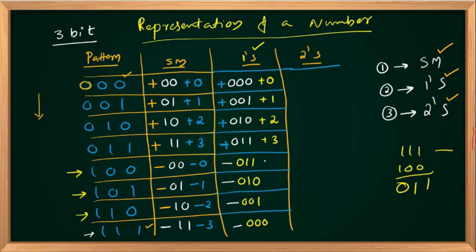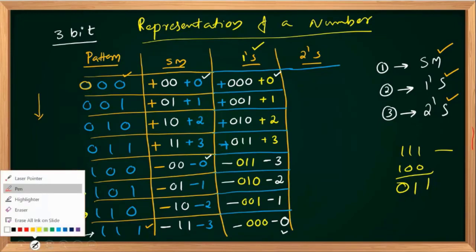The number is negative, so I put a negative sign. 011 is 3, so minus 3. 010 is 2, so minus 2. 001 is 1, so minus 1. 000 is 0, so minus 0. Note that I have a positive 0 and a negative 0 here, similar to signed magnitude.